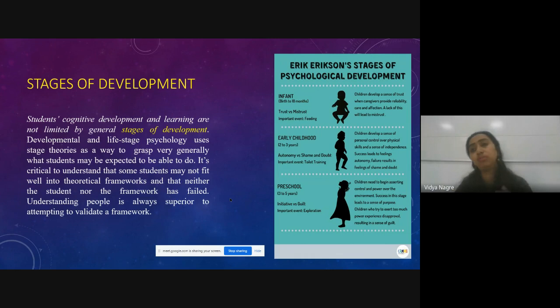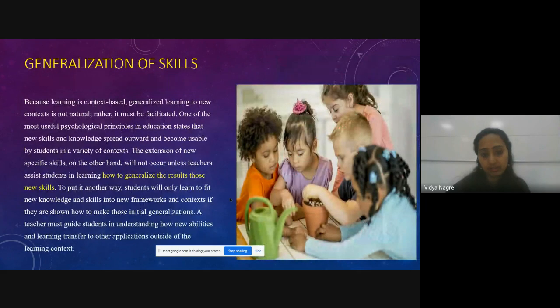A child whose parents are educated, who are there at home to help the child with studies, develops very differently than a child who learns on his or her own. So you have to understand this very clearly, and according to that, you have to identify the learner's need and help them in that particular area.